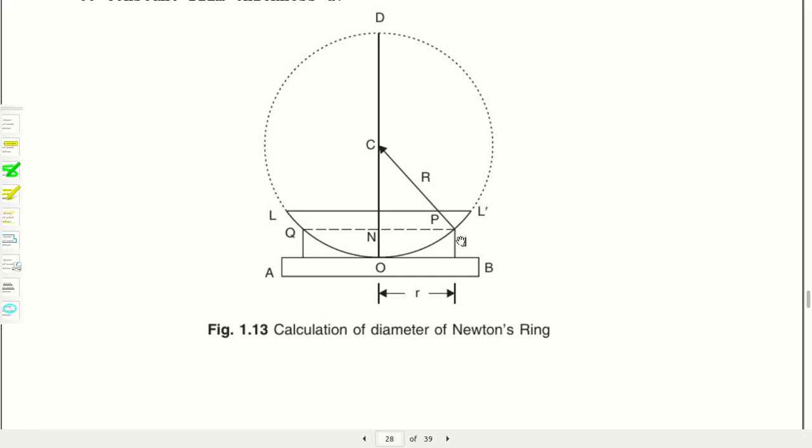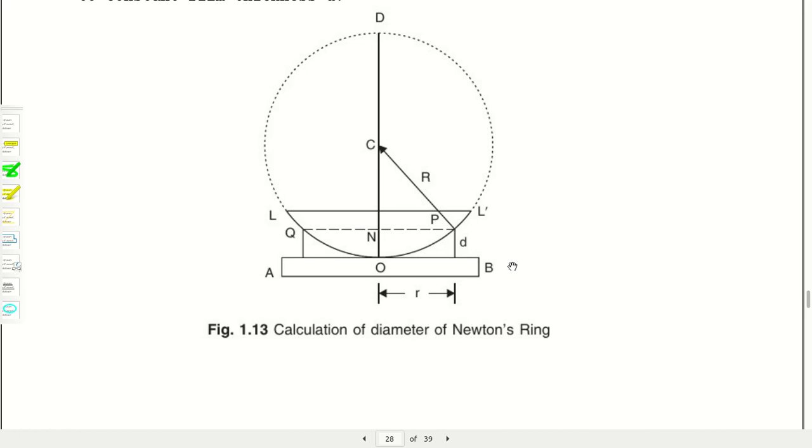Two points are shown here, P and Q, but there are an infinite number of points, because this lens is a plano-convex lens, and there is a circle with radius r which has infinite points at its periphery, and those infinite points on the circle are at the same height d from the surface AB.